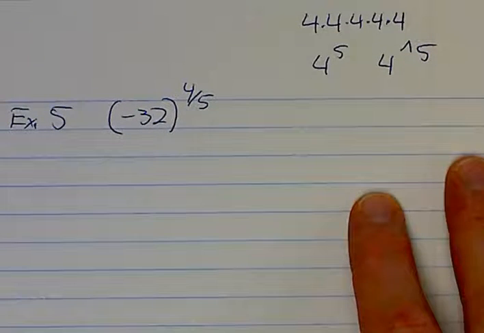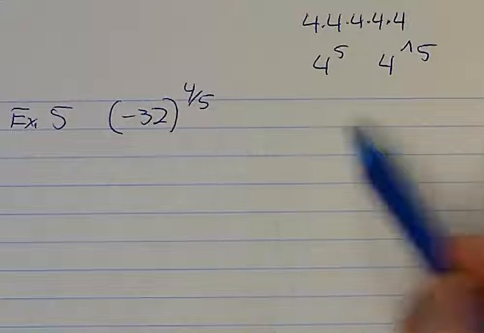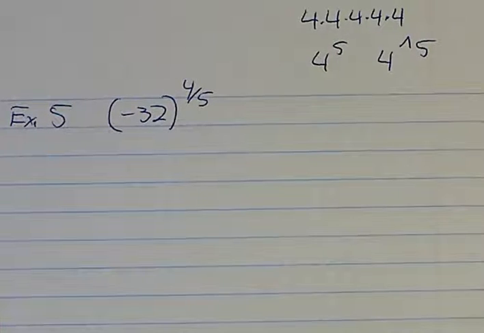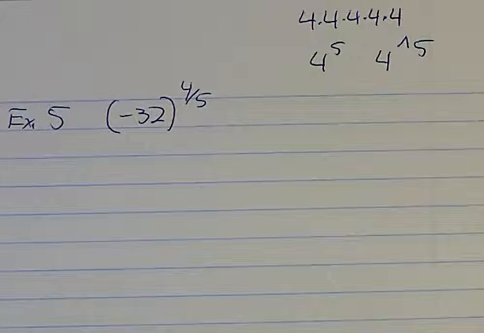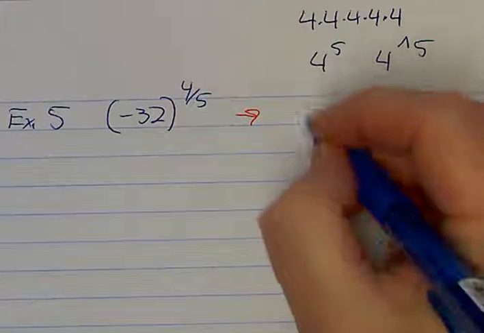We've got negative 32 to the 4/5 power. There's nothing really you can do. There's nothing to add to it. There's no multiplication. That fraction's in simplest form. So this one, if you've got it in exponential form and you can't solve it, and you don't know what to do, that's where you want to take it and rewrite it in radical form, and then you should have something that should jump out at you.